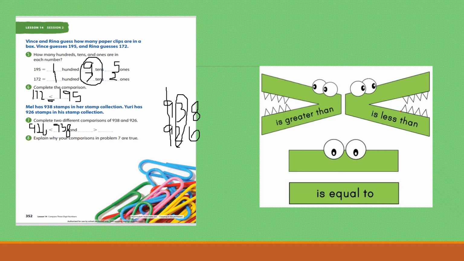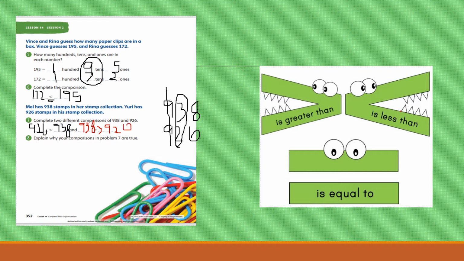Now, again, look at where my opening is to my arrow. It's this way, so what number do I need to put there? I need to put the bigger number. I'm going to do this one in red. I'm going to put 938, and the arrow goes this way. And 926.